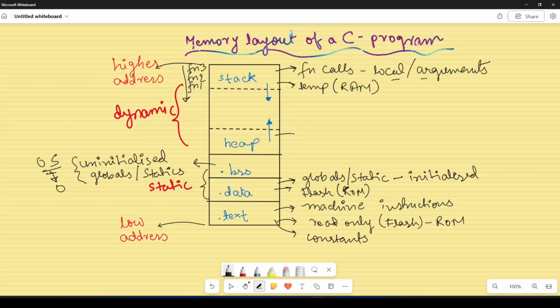So let's come towards the heap. It's a dynamic memory location, right? It is used when you have to allocate memory at runtime. It is all handled by programmers. Programmers have APIs called malloc and calloc.